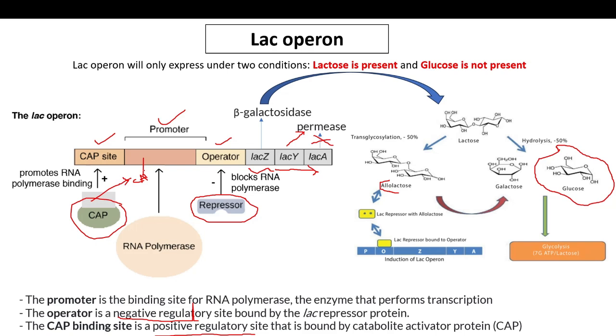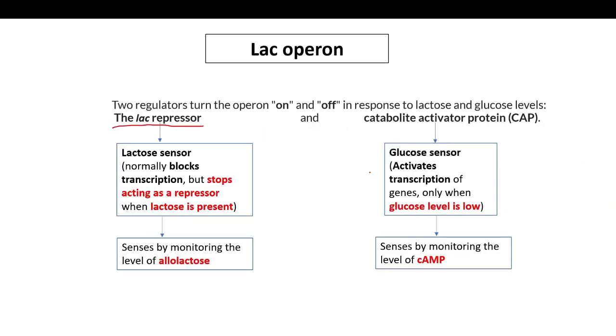This needs to bind to the CAP, and only then will it get activated and bind to this CAP site and start the transcription process. So these are the two basic sensors upon which the lac operon operates.